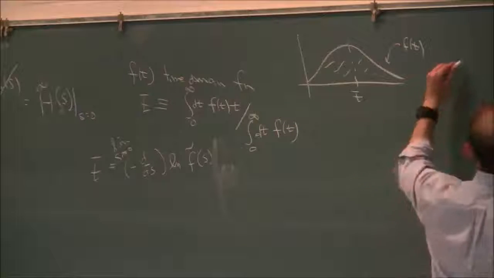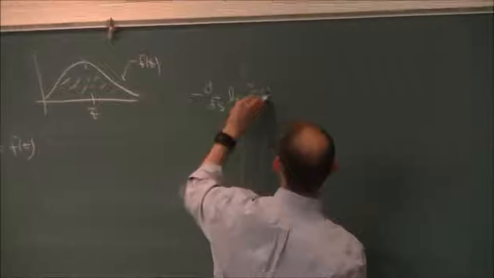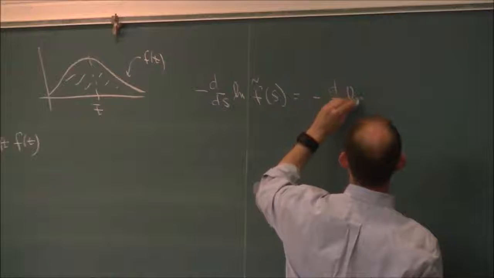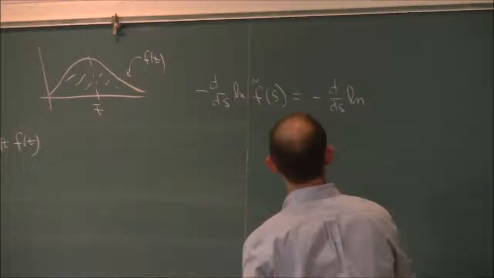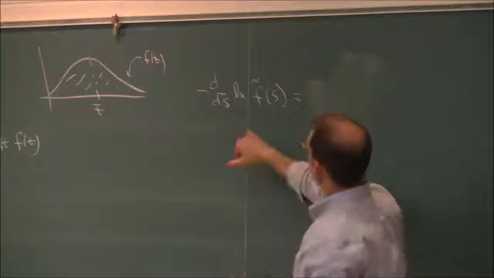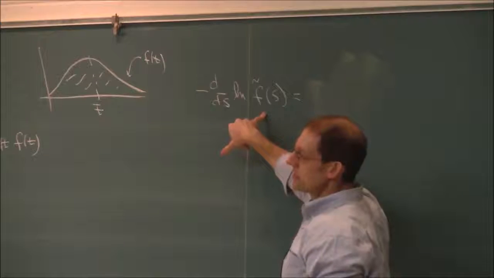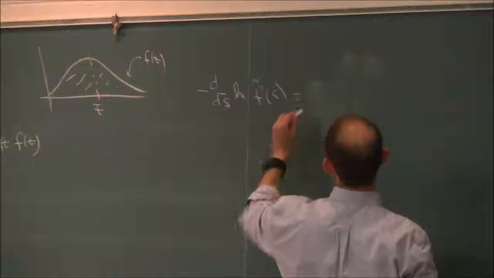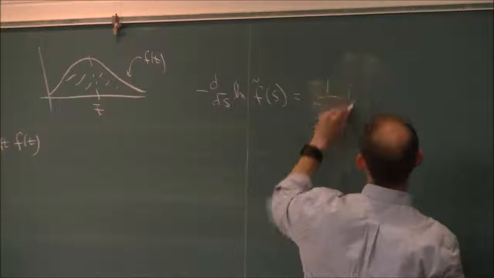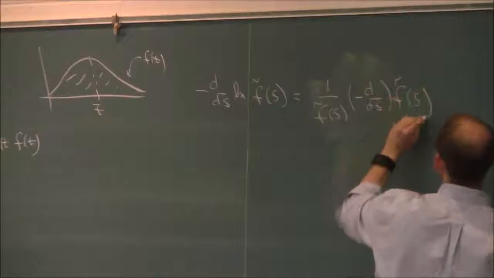So we have minus d/ds of the log of f tilde of s. The first thing is that we'll use the chain rule. The derivative of the log of f is equal to 1 over f times the derivative of f. So this is 1 over f tilde of s, minus d/ds of f tilde of s.